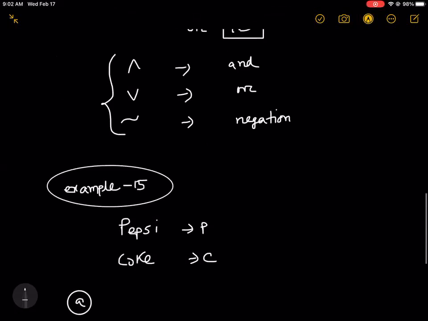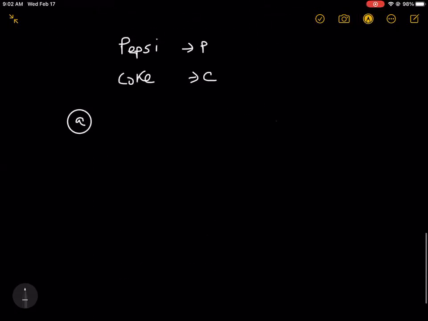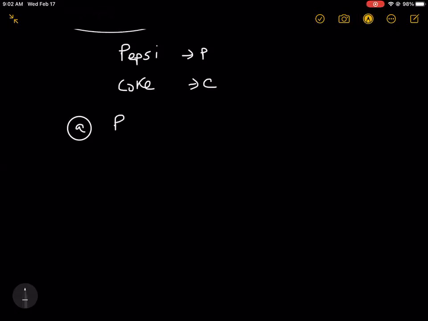So if you remember, for or, we'll use this notation, which looks like a V. So for that statement, I can clearly write this one, which means the exact same thing.